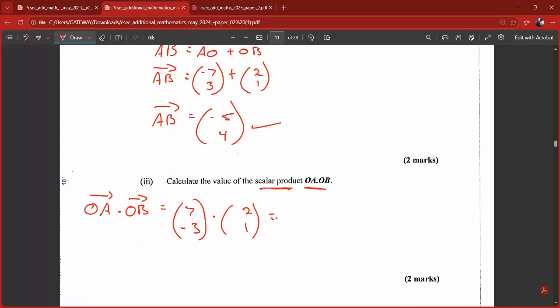And this will work out to be 7 by 2 is 14, so multiplying across. Yeah, 7 by 2 is 14, my bad. Plus negative 3 by 1 is negative 3. So 14 plus negative 3 is basically 11. So the answer is 11. Understand this, right?